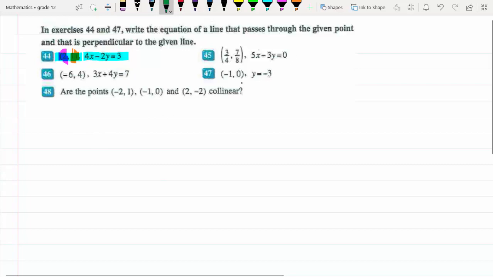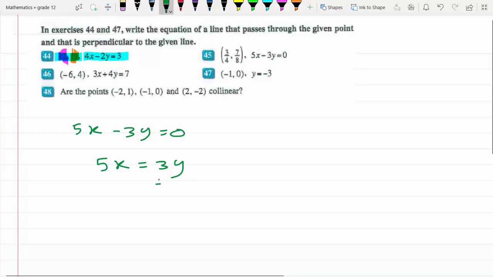To find the slope for this equation, 5x minus 3y equals 0, the 3y is negative, so we can send it to the other side. So just simply 5x equals 3y. It was negative, it became positive.